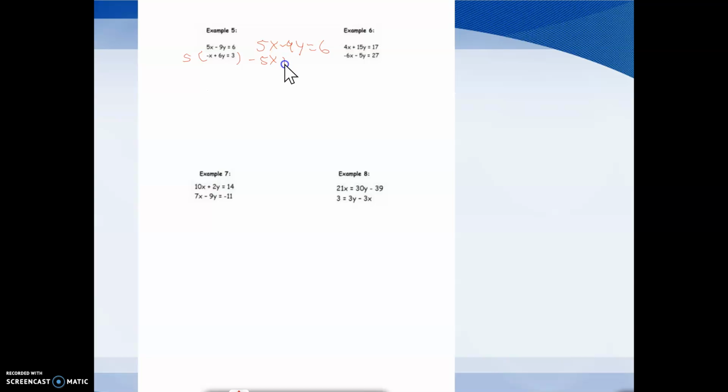So that's going to be positive 30y, and then 5 times 3 is 15. So make sure when you do this, you're going to multiply everything. Okay, that's the trick. Now the x's are going to cancel out, right?